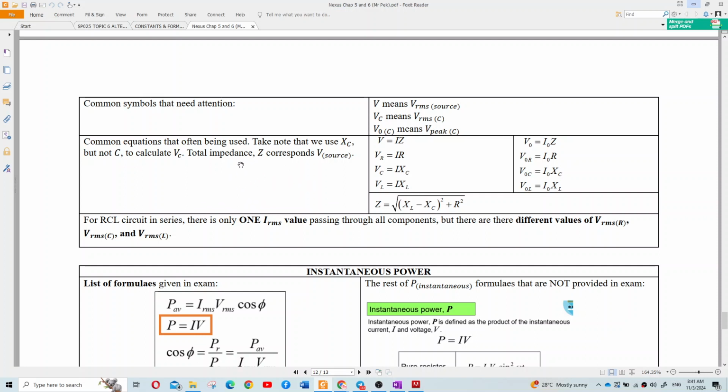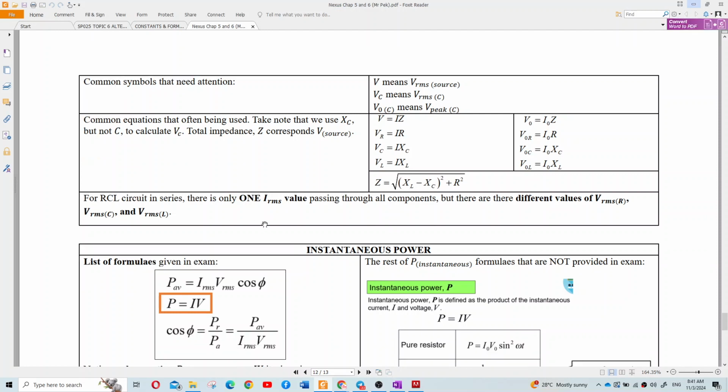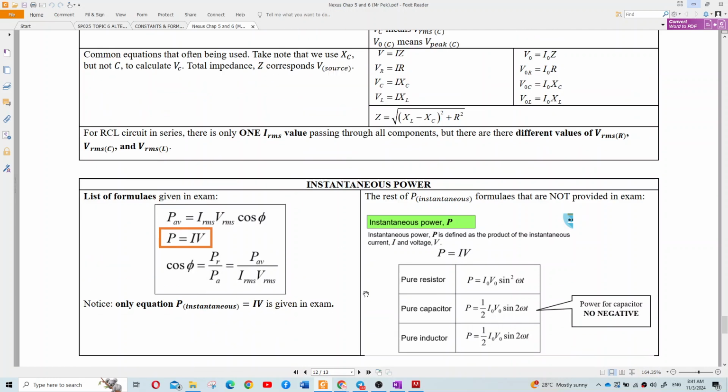Total impedance is like total resistance, but we use the Pythagoras theorem to find impedance. Okay, so for an RCL circuit in series, there is only one current, IRMS, passing through each component, but there are different values of VR, VC, and VL. Voltage is different, but current is the same for all. I will explain about this later.